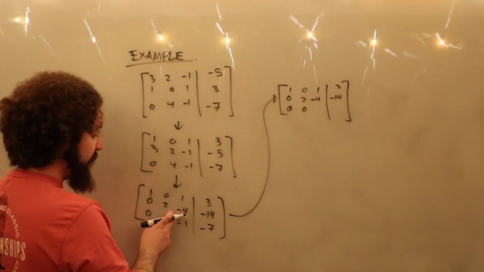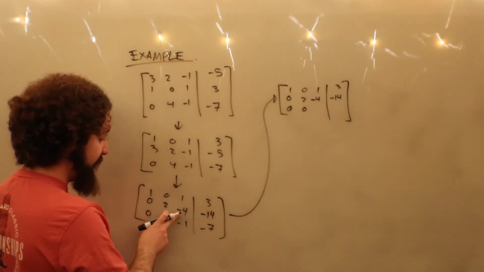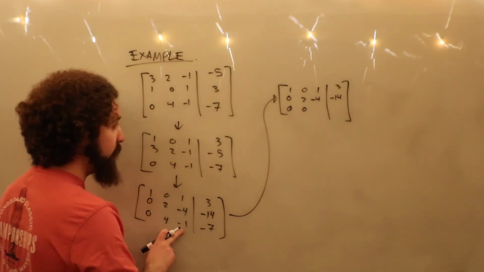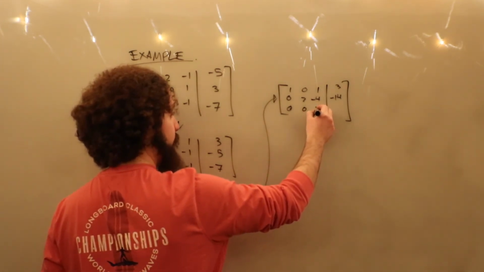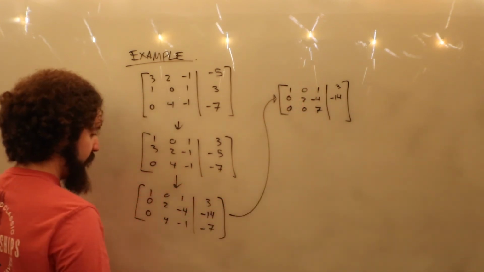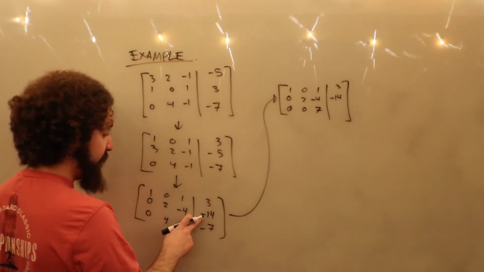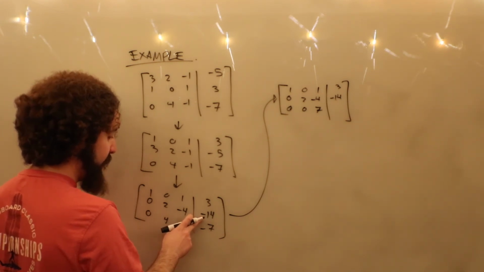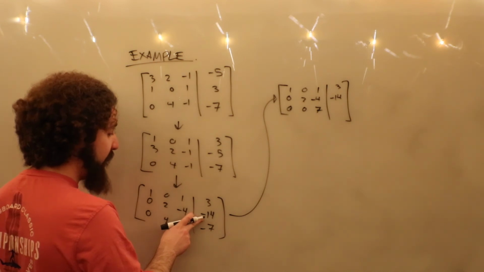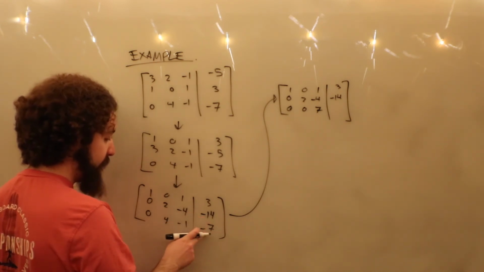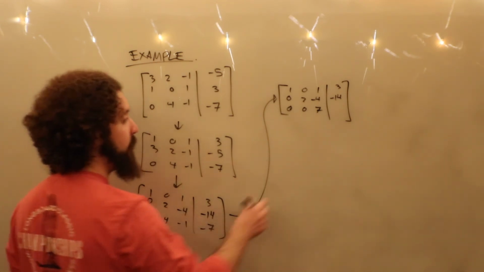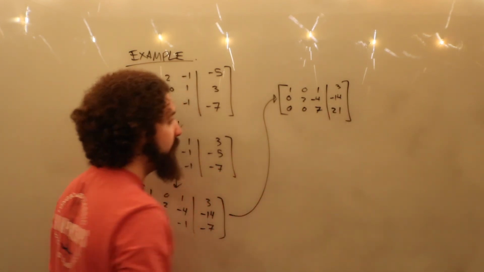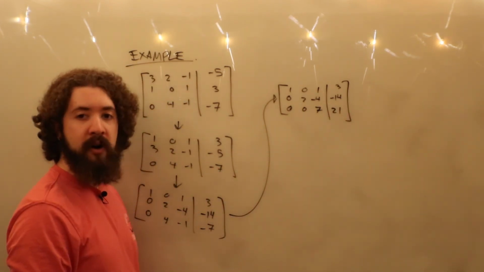Then we're going to have -2 times -4 is positive 8. Minus 1 is 7. And then we're going to have -2 times 14, which is going to be positive 28. Minus 7 is going to be positive 21. All right, we're almost there.